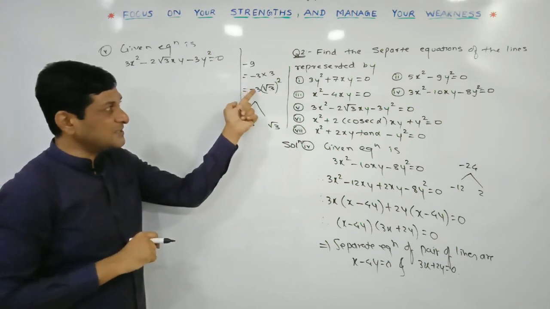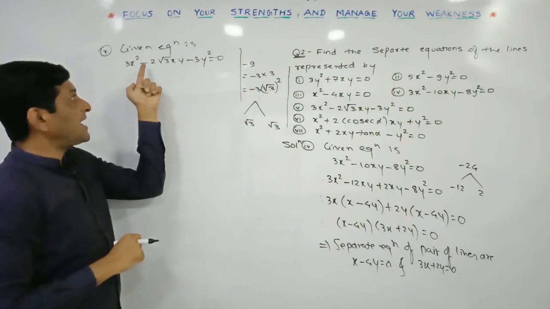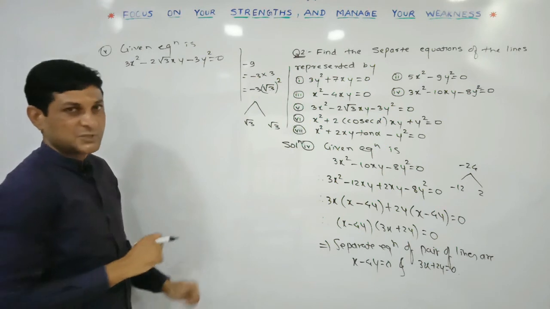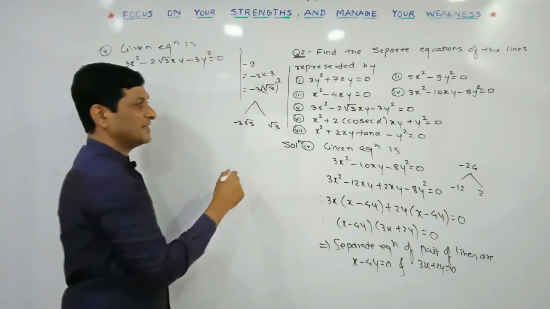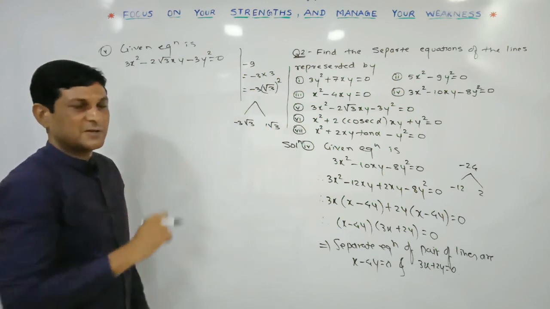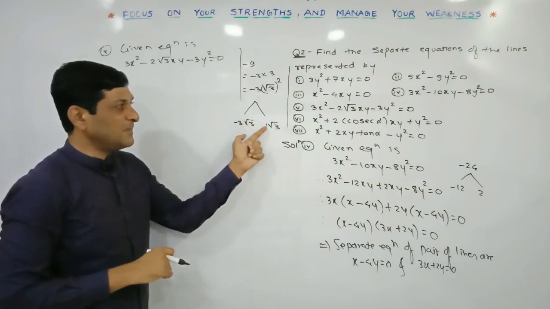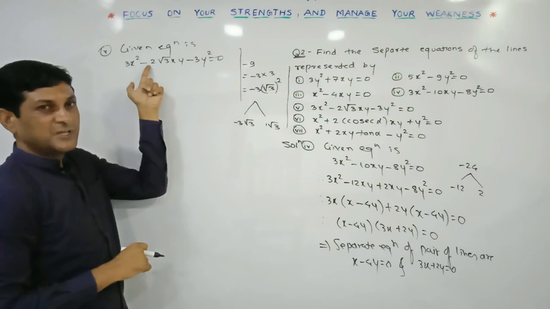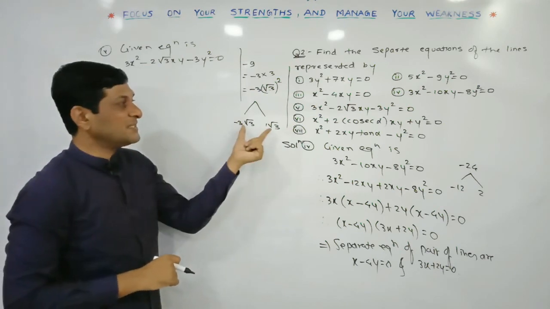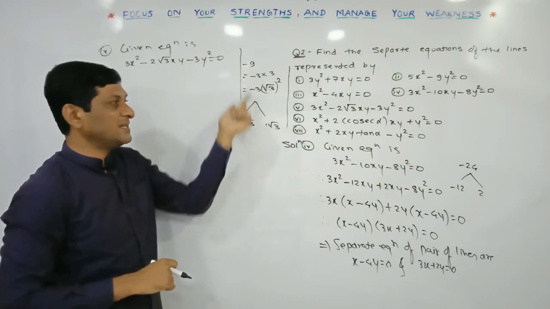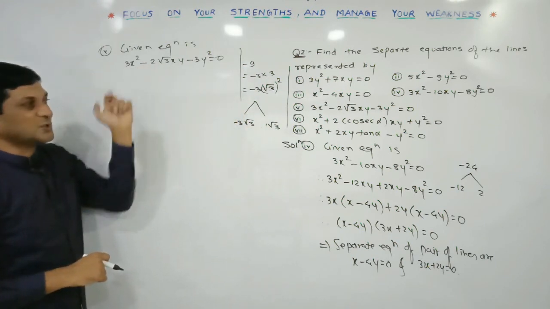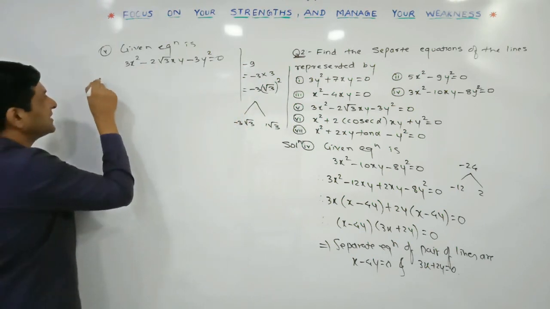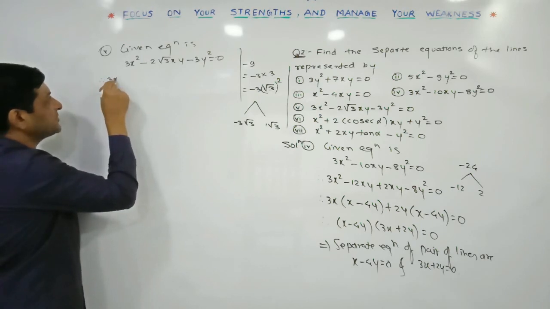Now find factors of -3 such that the addition will be equal to -2. So can I say that the factors will be -3 and +1? Yes, -3 + 1 will be equal to -2. These are the factors, and their sum will be -2√3. So therefore 3x², keep it as it is.